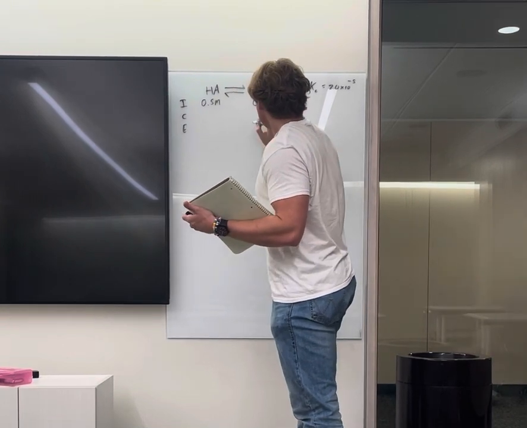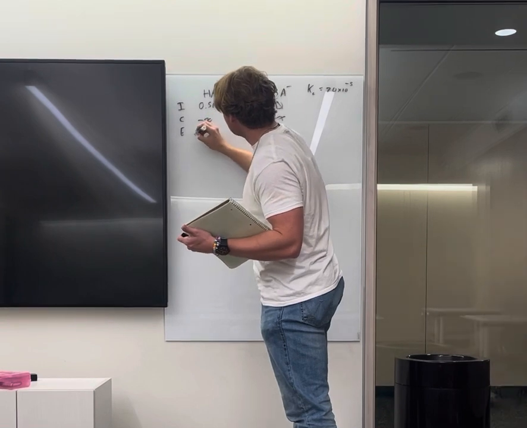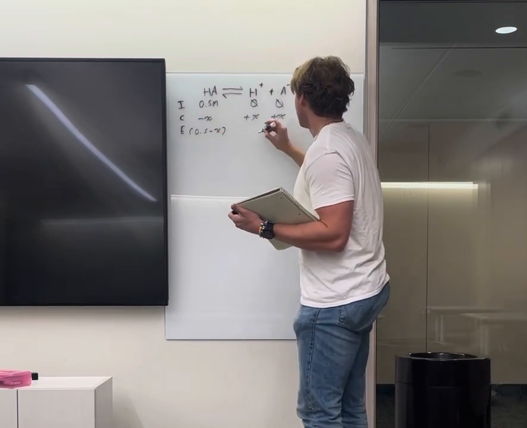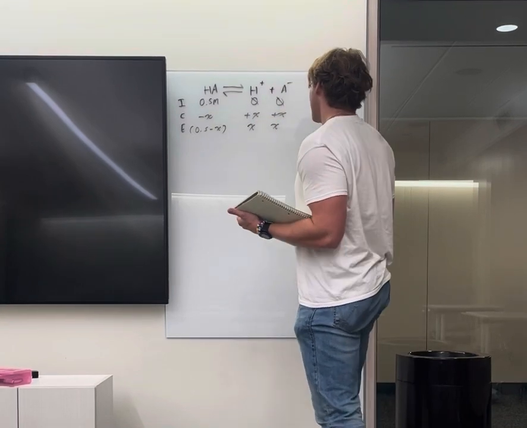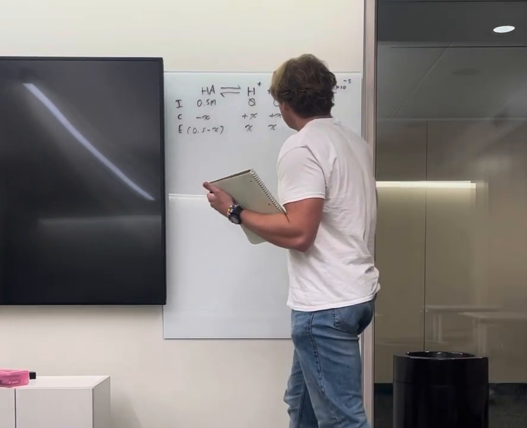We start with 0 on both of these. You're going to be adding x. You're going to be subtracting x. So that means our concentration at equilibrium is 0.5 molarity minus x, and x. So given this, we actually have an equation that we can solve.